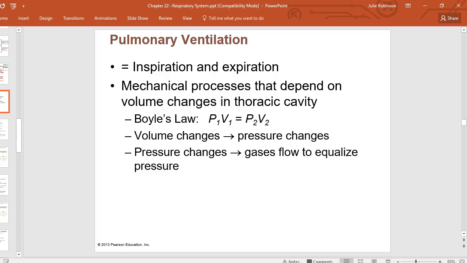So Boyle's law is a critical law in understanding how and why gases move throughout the body. So I'm going to show you a video of that, and then we'll come back to inspiration and expiration.